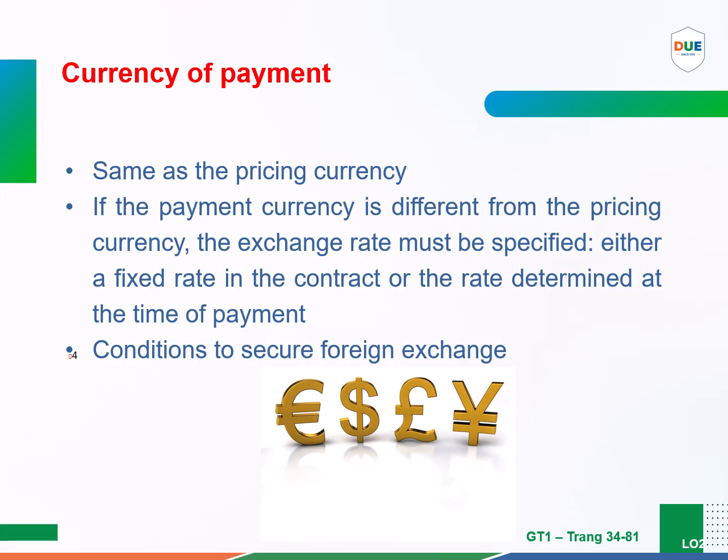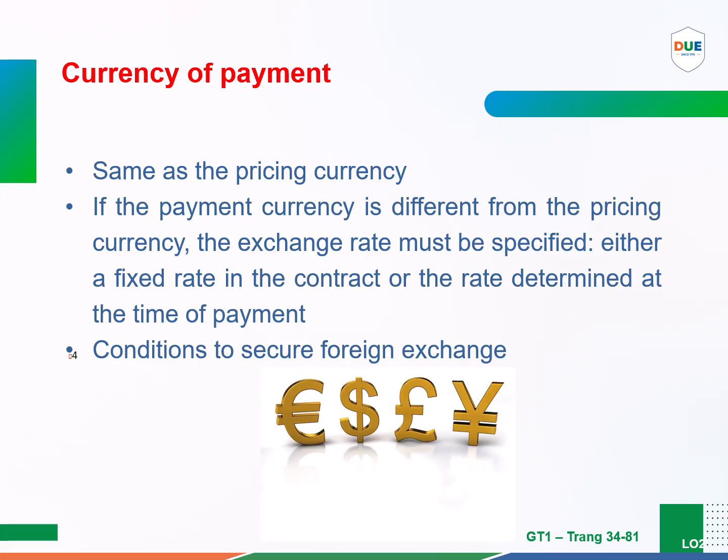Another approach is to have the payment currency differ from the pricing currency, where the pricing currency is typically a stable currency. At the time of payment, the amount is determined based on the exchange rate between the pricing currency and the payment currency.